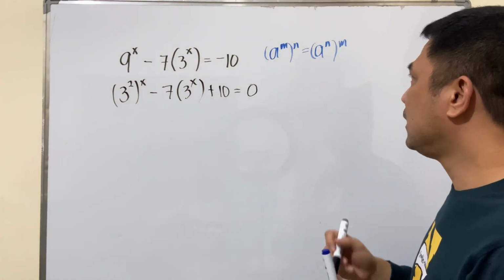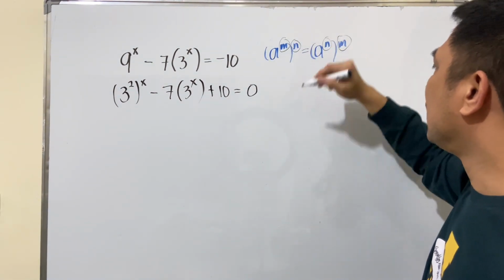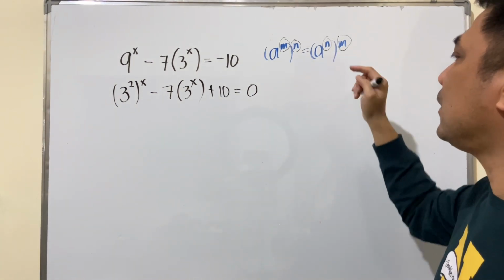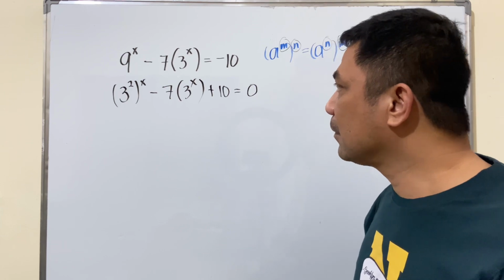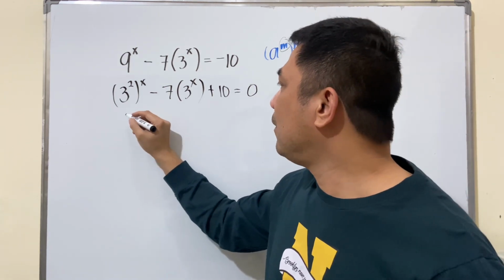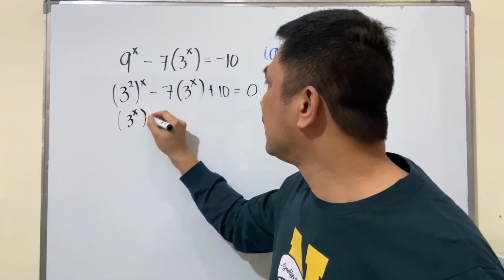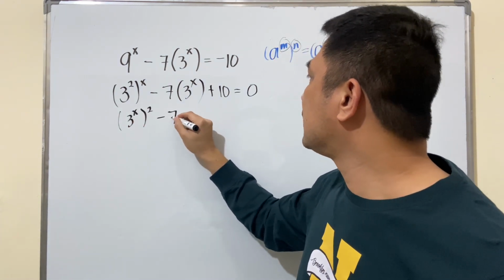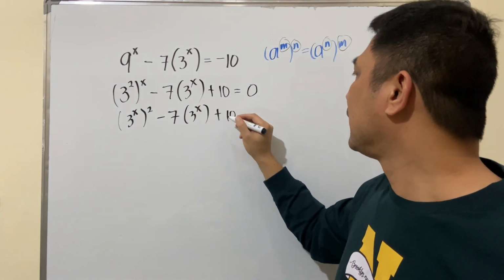In other words, these two exponents can be interchanged. So let's try. I have here now 3 raised to x, squared, minus 7 times 3 raised to x, plus 10 is equal to 0.